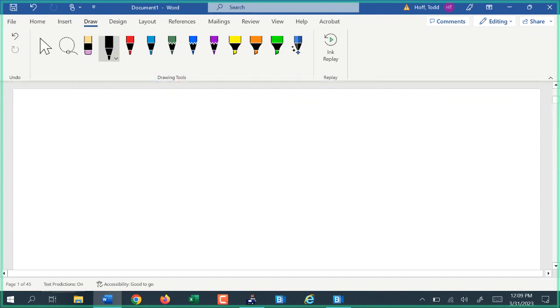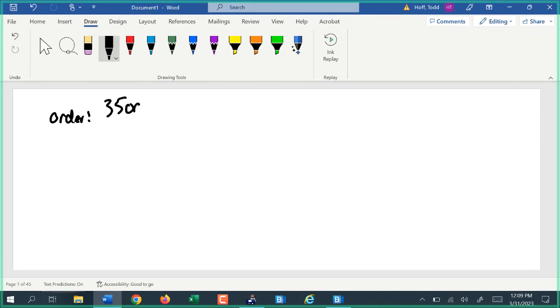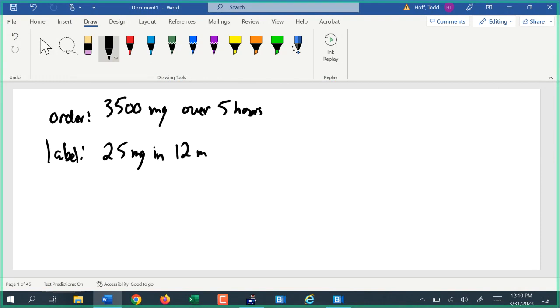So once again, I'm going to give you guys a problem there to start. I'm going to have you try this in your notes. So the doctor's order is 3,500 milligrams over 5 hours. The label on the bag is telling us that it is constituted at 25 milligrams in 12 milliliters.